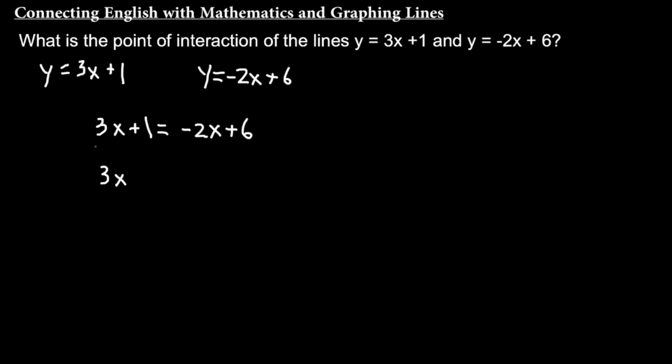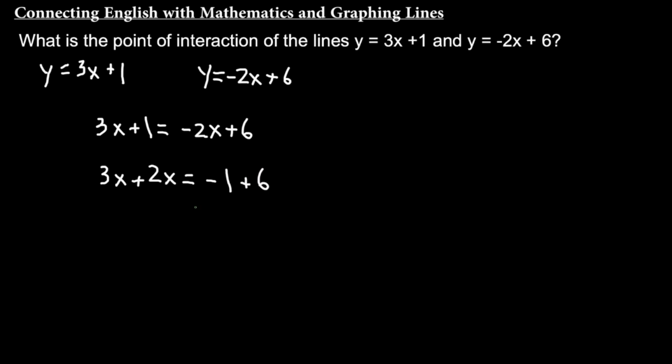So 3x is on the left side. On the right side of the equal sign, I have negative 2x. When I bring it across, it turns into positive 2x. I'm going to move the positive 1 across. When it moves across the equal sign, it turns into negative 1, and the positive 6 remains as it is.